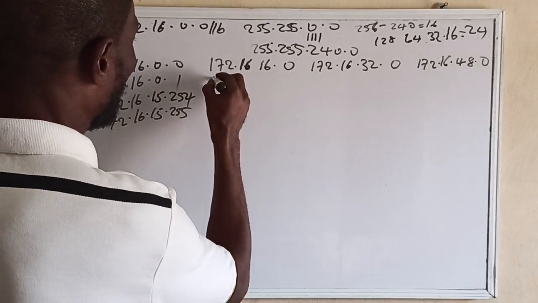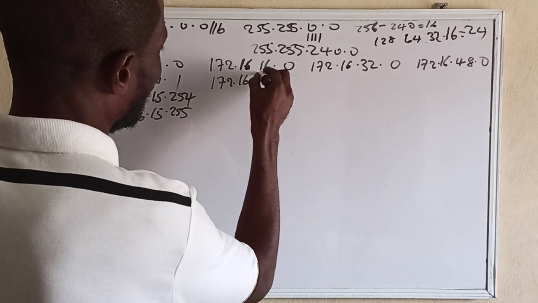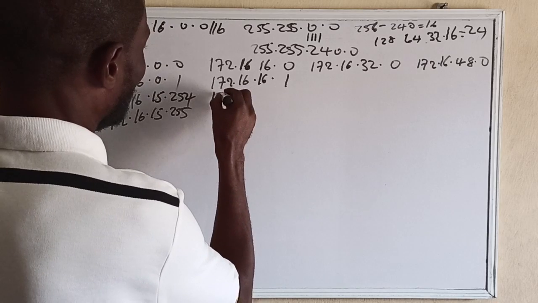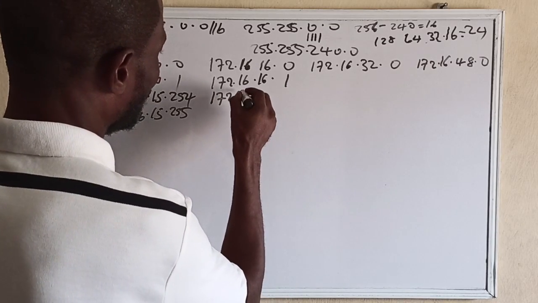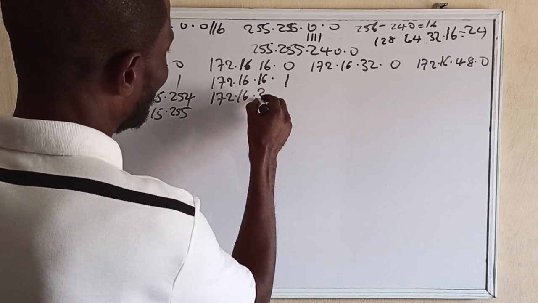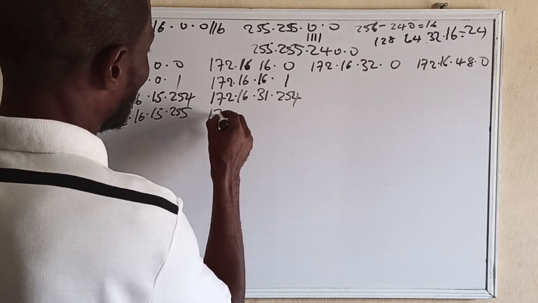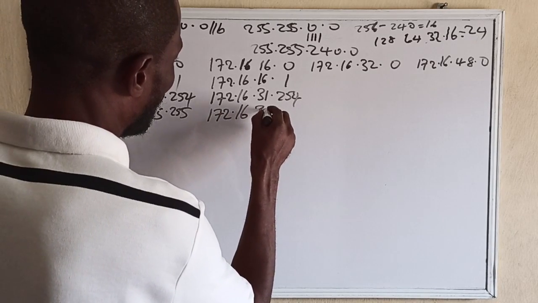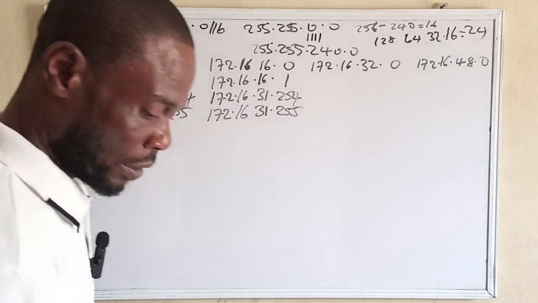Now you come to here, 172.16.16.1. The next one is 32. 172.16.31.254, and 172.16.31.255, which is the broadcast address.